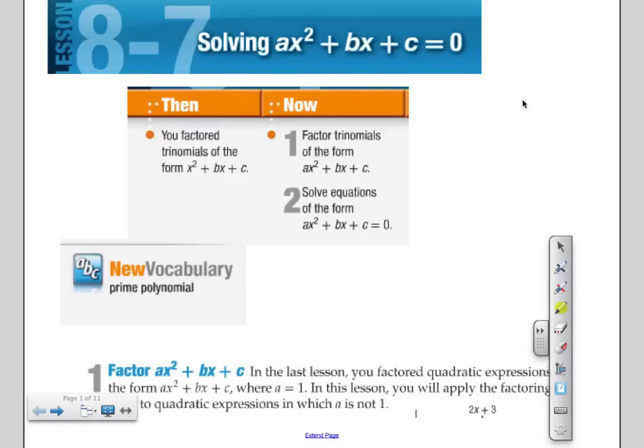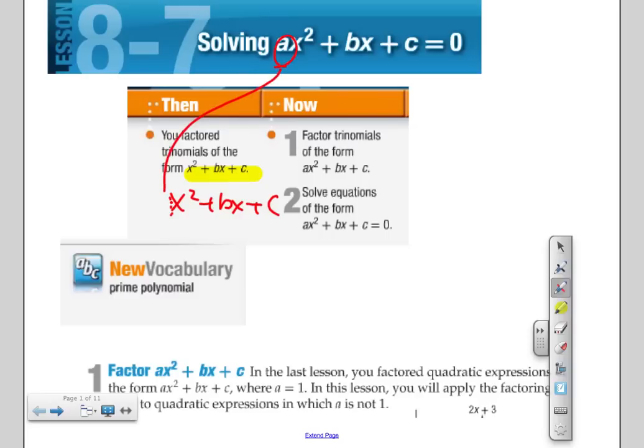Lesson 8.7. Again, we're going to be working with a standard form of a trinomial, ax squared plus bx plus c equals 0, sometimes called a quadratic. We have factored trinomials that are like x squared plus bx plus c, where our a has been 1.